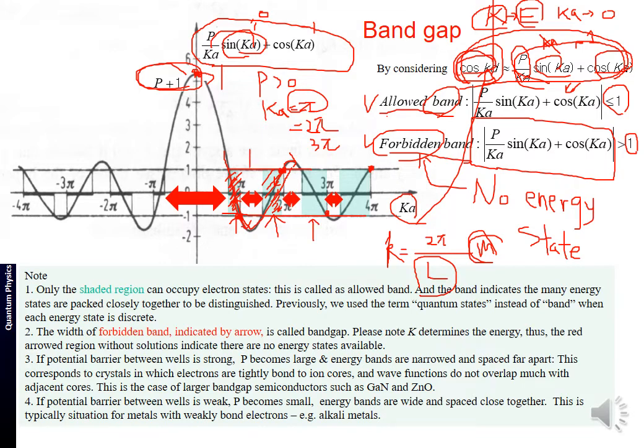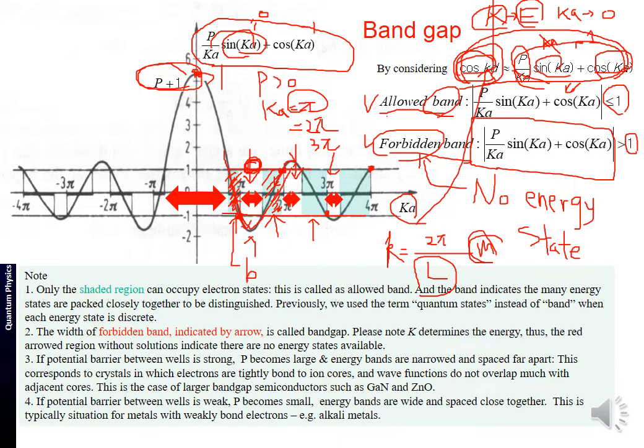But here, we don't have an energy state, because now for large K we cannot have any solution. So no energy state here, no energy state here. And they are actually spread, okay? Not just a single value, but around a certain range we don't have any energy state at all. So there is an energy state here, no state here.